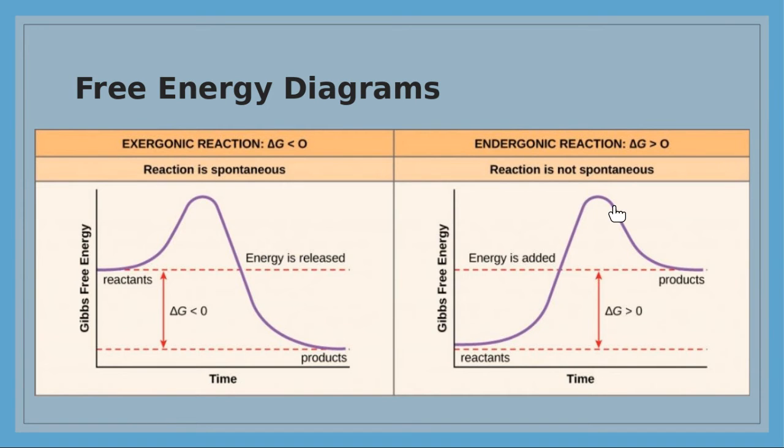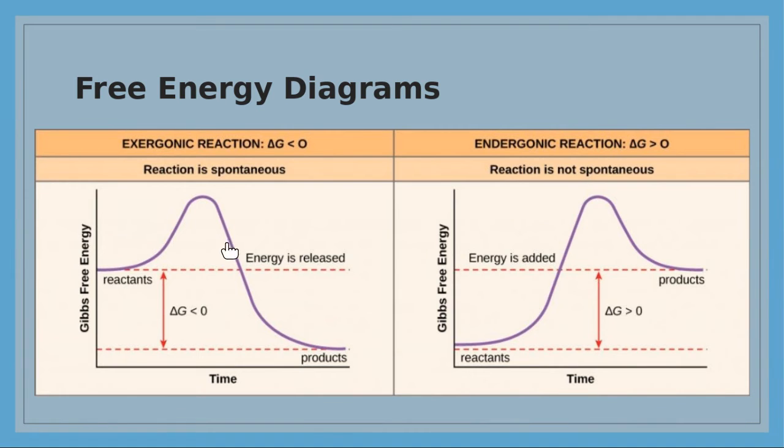These are not the exact diagrams, but you will need to know how to look at a diagram that's given to you. So something of this nature. And if she asks you if it's catabolic or anabolic, you need to know how to identify that. So you would look at where the reactants are and then where the products are, and if energy is being released or put into the system, that sort of thing.